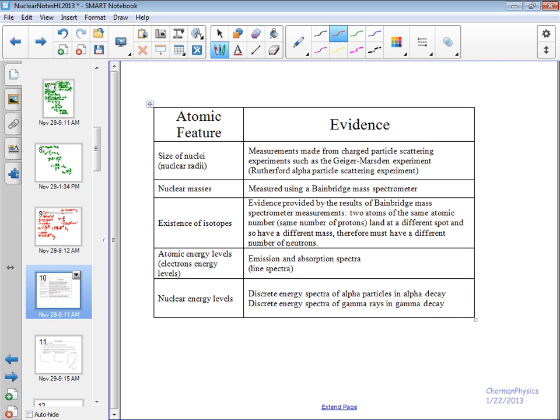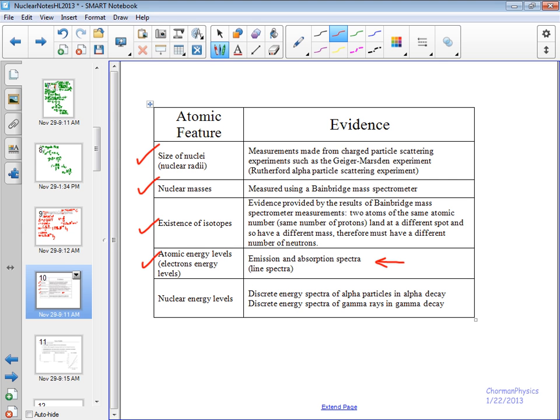Overall, if you skip back to the end of half-life, you'll find this chart. These are 5 different features of the atom that you need to be familiar with. So far, we've covered everything except for nuclear energy levels, which we're going to get to in a little bit. Each of these tells us something. We have evidence for why we have this nuclear model of the atom, and we finished quantum physics.